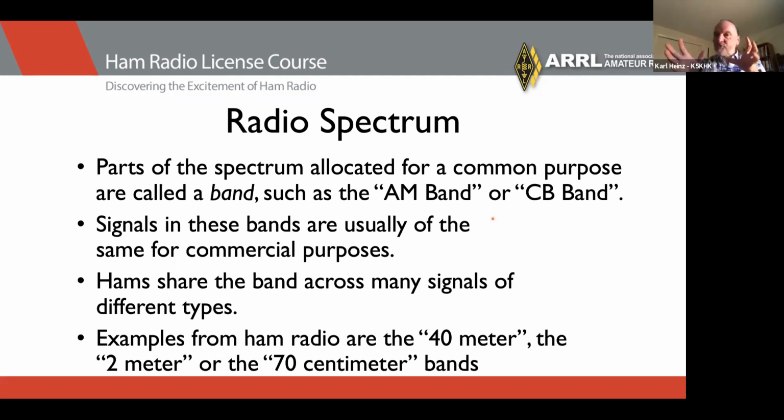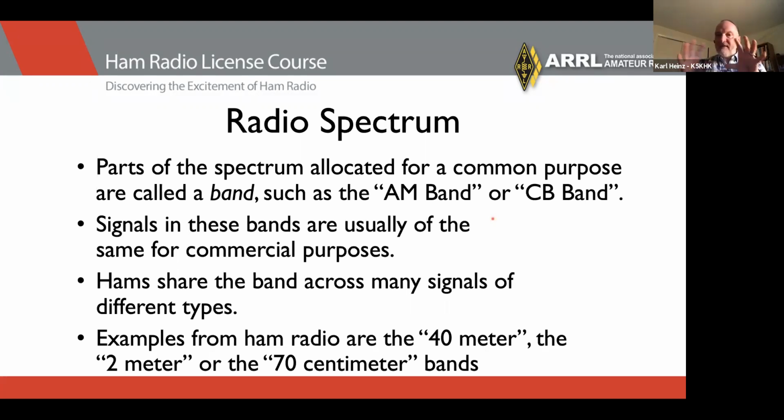And that is true for commercial types of bands. When we come to ham bands, this is all different. So in the ham bands, you don't find just one type of signal, like an AM signal. More about that later. We are able to use all different sorts of signals in our ham band.